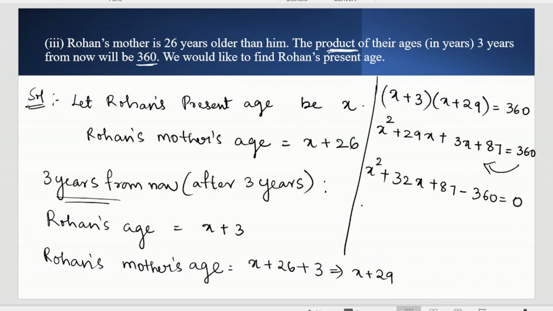So the final required quadratic equation is x square plus 32x minus 273 is equal to 0. So this is the required quadratic equation. Okay, clear?